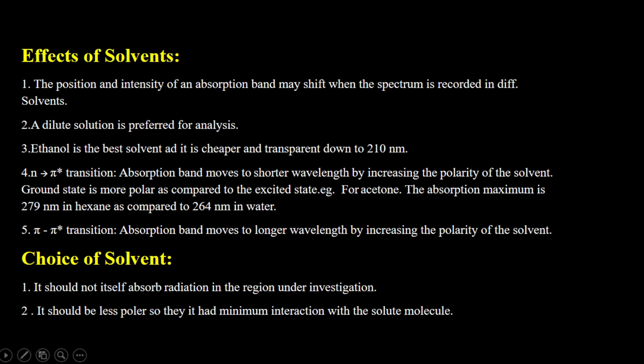The absorption band moves to shorter wavelength by increasing the polarity of the solvent. The ground state is more polar as compared to the excited state. This will be clear by examples like for acetone, the absorption maximum is 279 nm in hexane as compared to 264 nm in water.